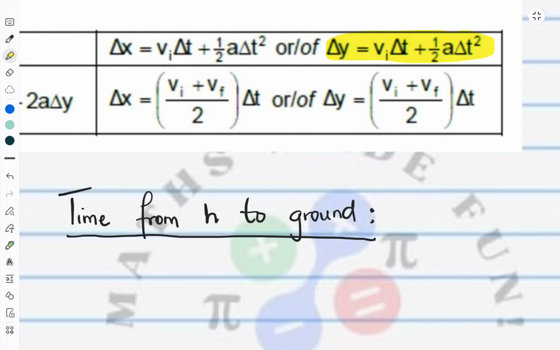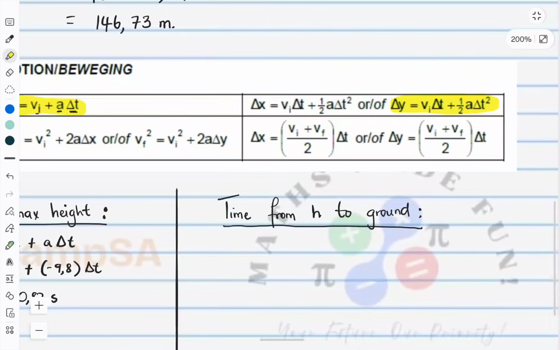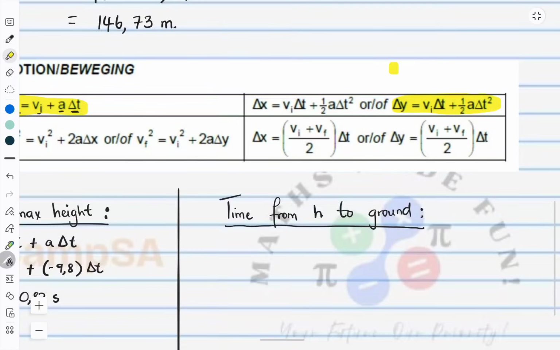I don't need that. So what I mean by that, you would have delta, let me use a pen. You already have delta Y, right? And then you'd have Vi, you'd have 8 delta T plus 0.5 times 9.8, right? Delta T squared. So you see now, also you'll have a number here, I think it's the 147. This is a quadratic equation.